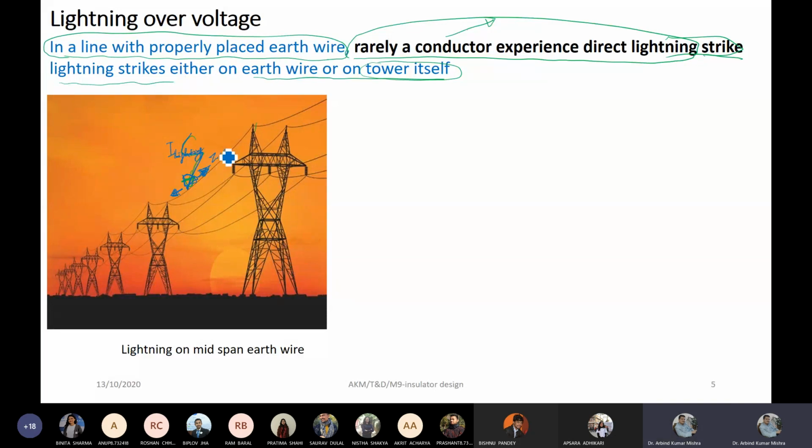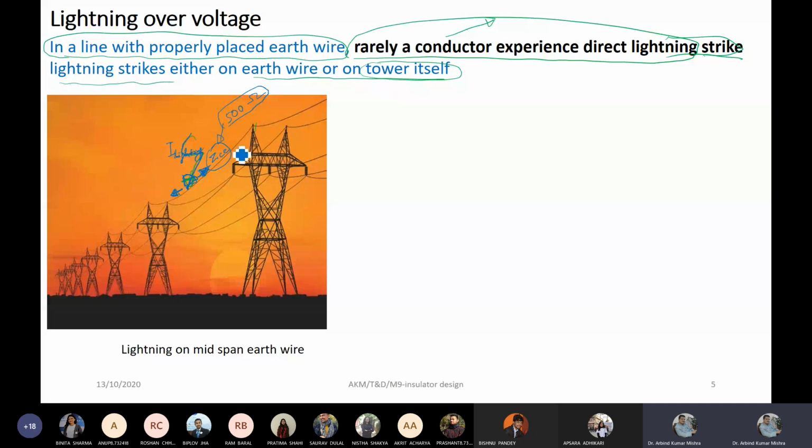So the GMR is smaller, meaning inductance is higher. So the earth wire has a characteristic impedance in the range of 500 ohm. It doesn't matter whether we say 400 or 500 for the purpose of what we are going to discuss, but yes, this is the practical value, that is, around 500 ohm.